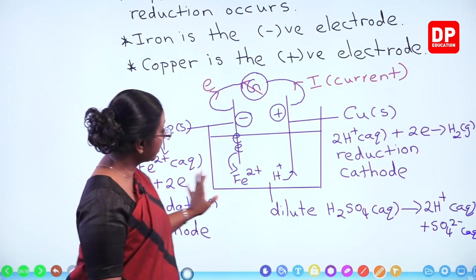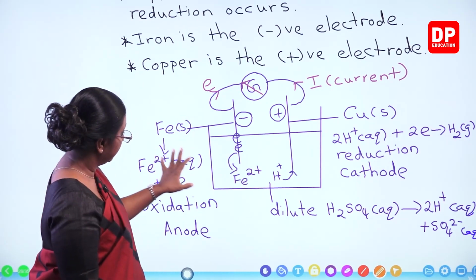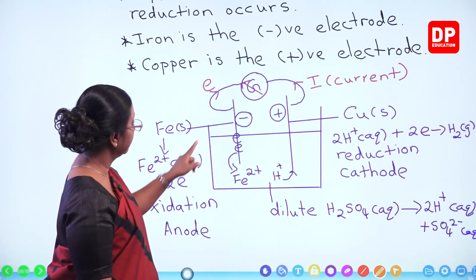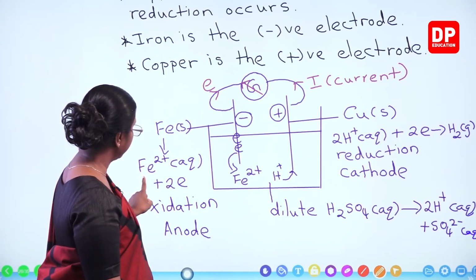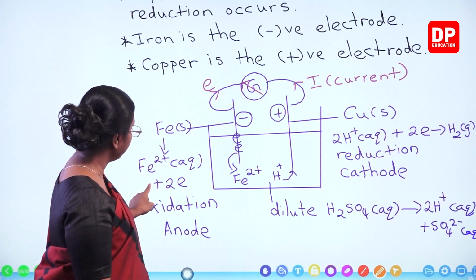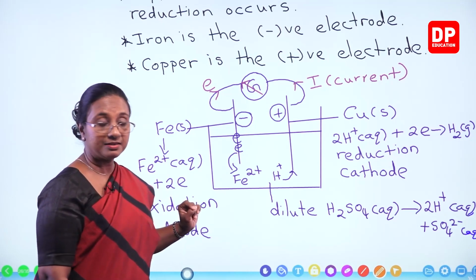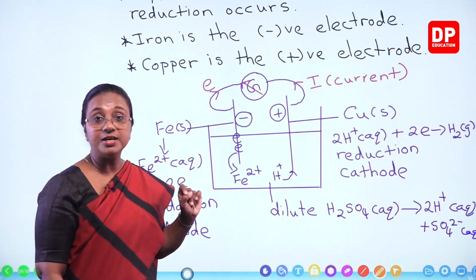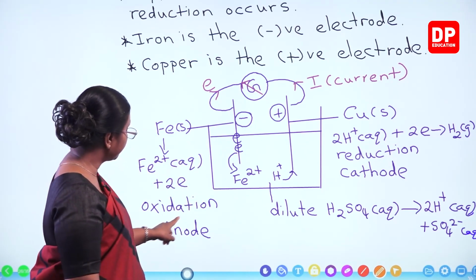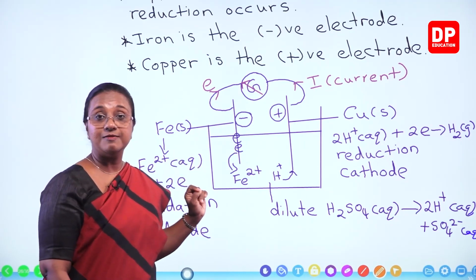So now that I have summarized all the changes, if you look at it again, iron is more reactive, so it gets oxidized to Fe2 plus aqueous, losing electrons. Electrons remain on the electrode. So because of that, the anode becomes negatively charged.